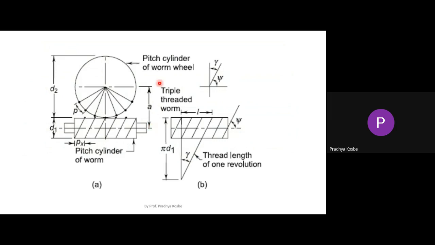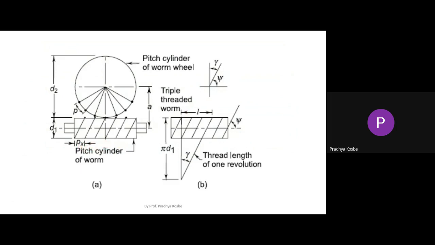Here it is shown a triple threaded worm. Triple threaded worm means when the worm rotates through one revolution, then the axial advancement of the worm is equal to 3 times the pitch. So L is equal to 3 into px.